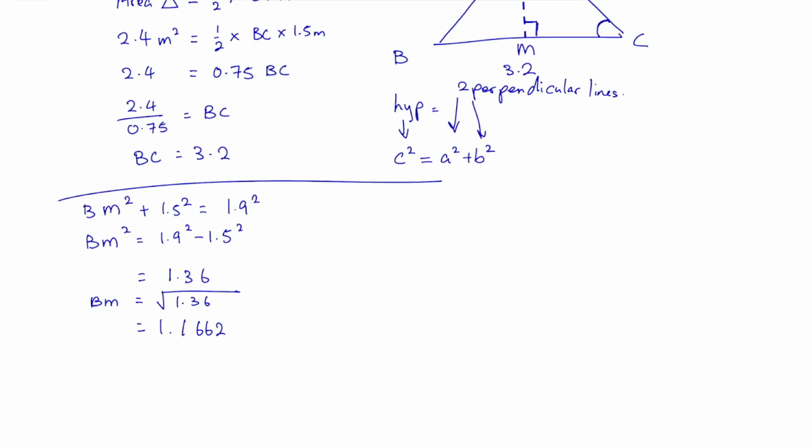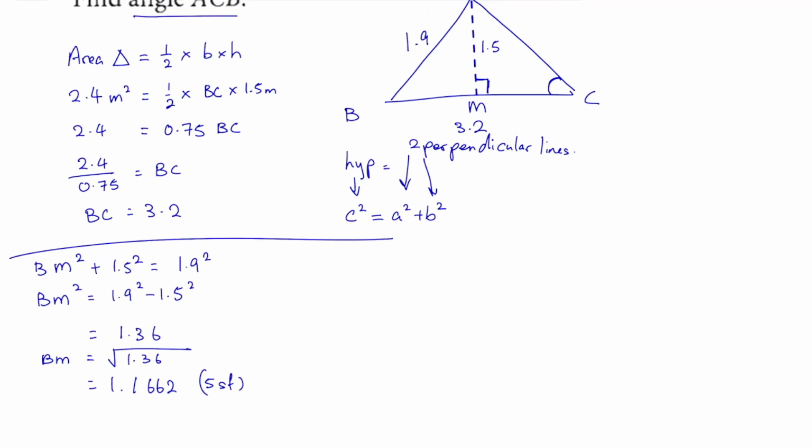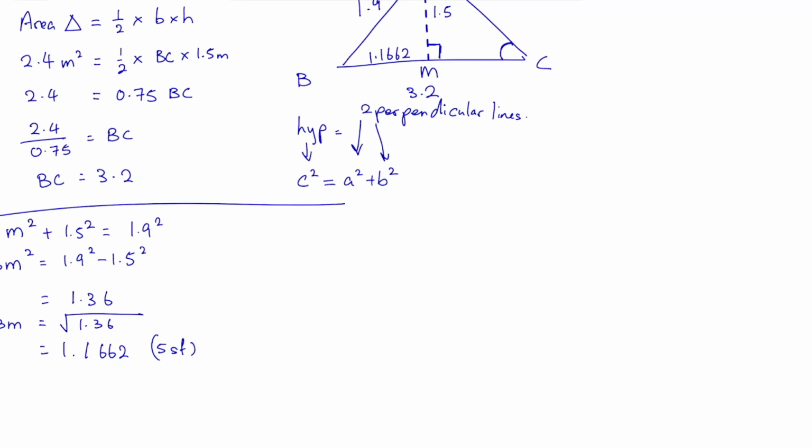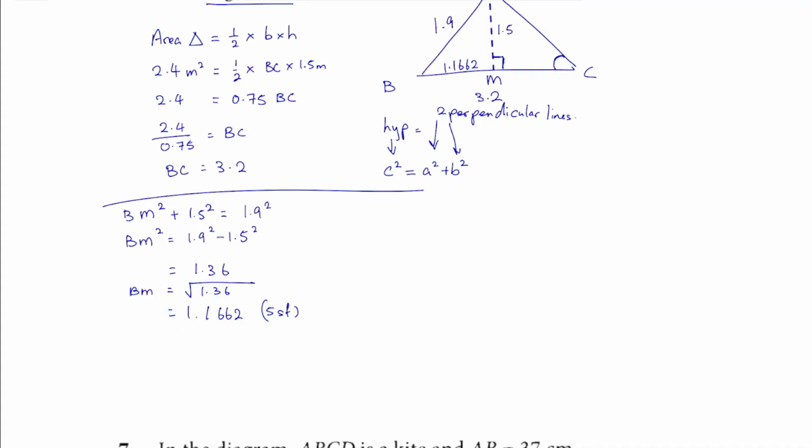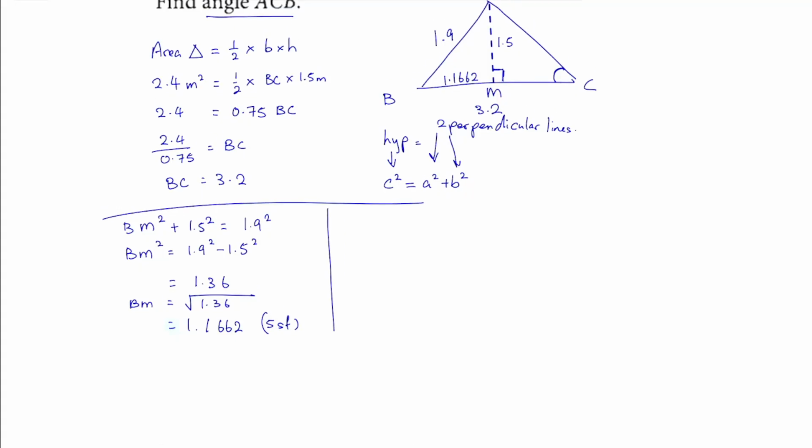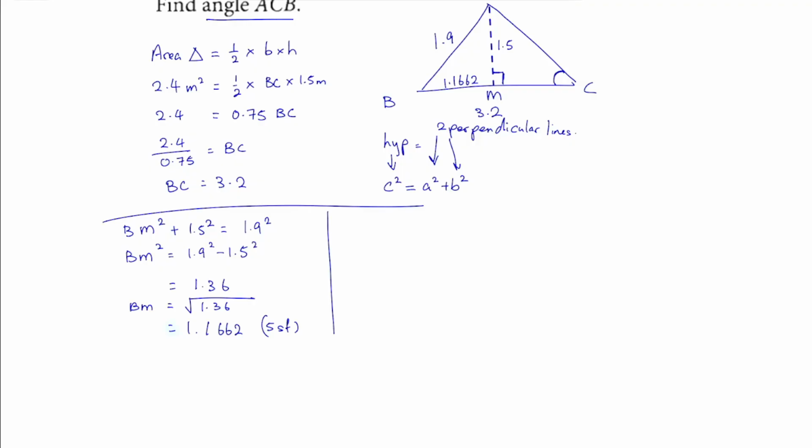1.1662, 5 SF. And this will be 1.1662. All right, next I will need to find this CM or MC, up to you.